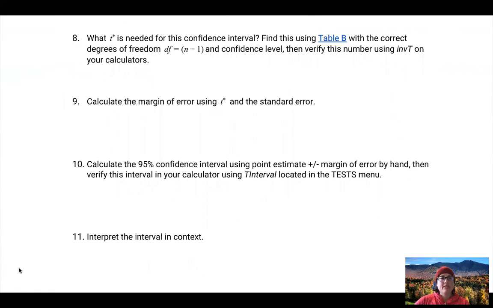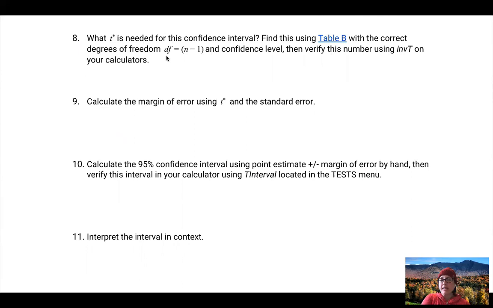So what t star is needed? If you click on the link for table B, you can look it up there, and I'll show you how to do that in a second. You can also use your calculator, the inverse t function, to get that value for you. But the other strange thing is we have to figure out now what our degrees of freedom are.